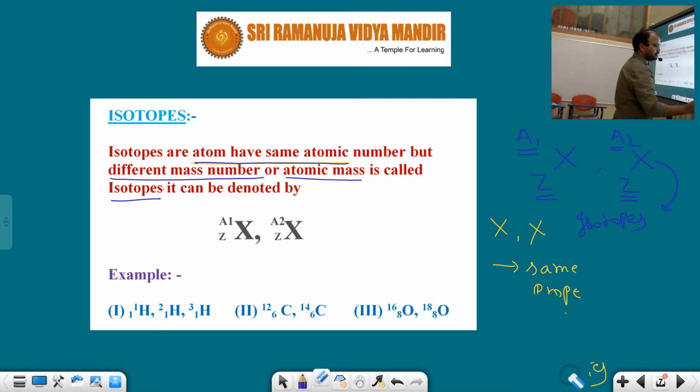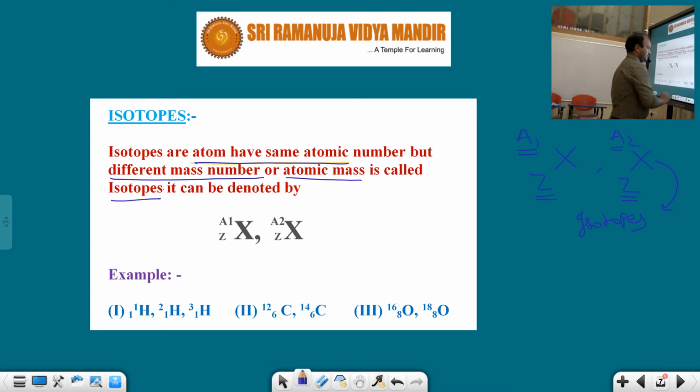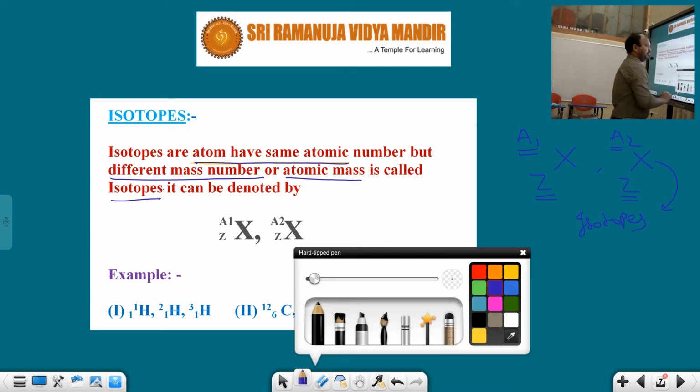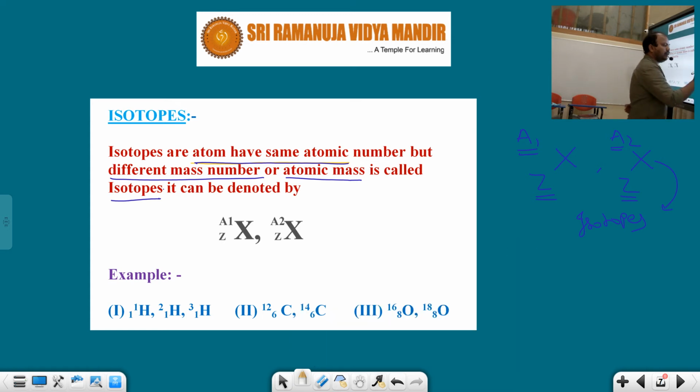If you take hydrogen, generally hydrogen has 3 isotopes. What are those isotopes?